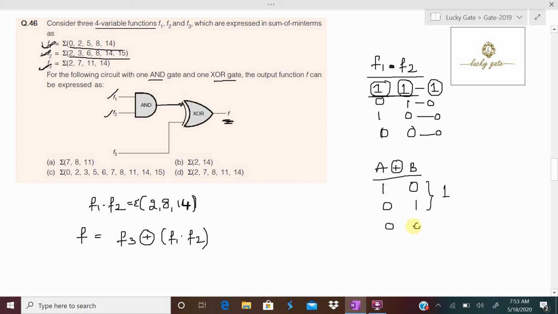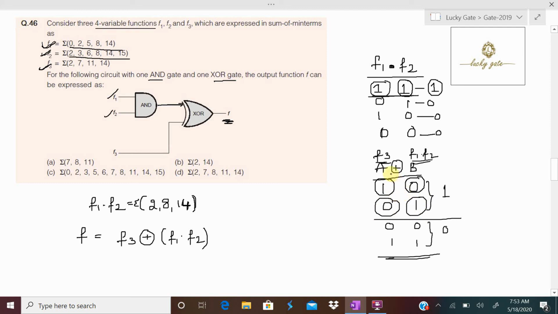If both are zeros or both are ones, it is giving the output 0. Suppose I am assuming A is some function f3 and B is some function f1 dot f2. So what it means, whatever is there in f3 should not be there in f1 f2, and whatever is there in f1 f2 should not be there in f3. That we have to see.